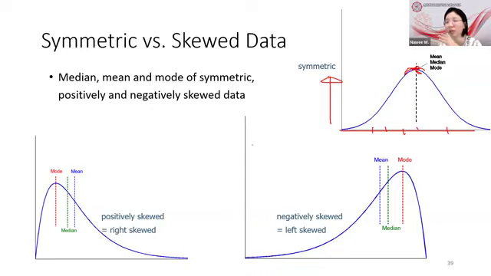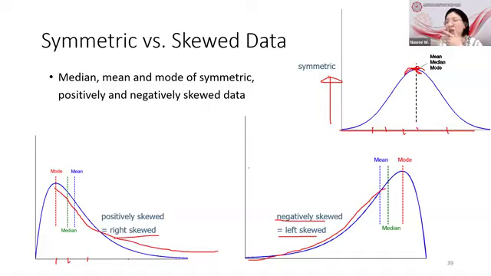If we have a skew distribution, we can have positively skew, or it's called right skew. Right skew means we have a long tail on the right hand side. In opposite, we have left skewed or negatively skewed. We have a long tail on the left hand side. What does it mean by this long tail? Let's say the x-axis is the grade of the final exam.